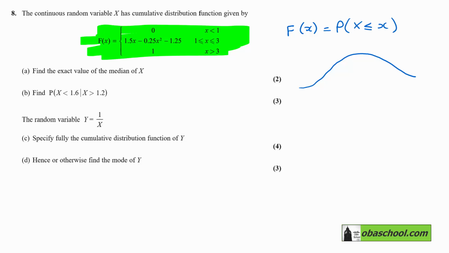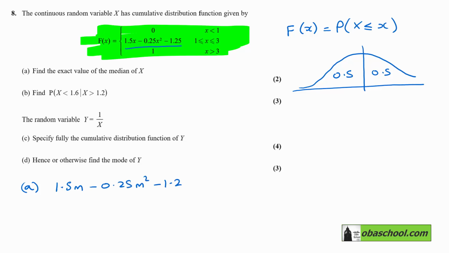So if we have some sort of shape like this, we're after the value such that the probability either side is 0.5. So we can just do that by substituting m into here: 1.5m minus 0.25m squared, take away 1.25 is equal to 0.5, and then we have a quadratic.